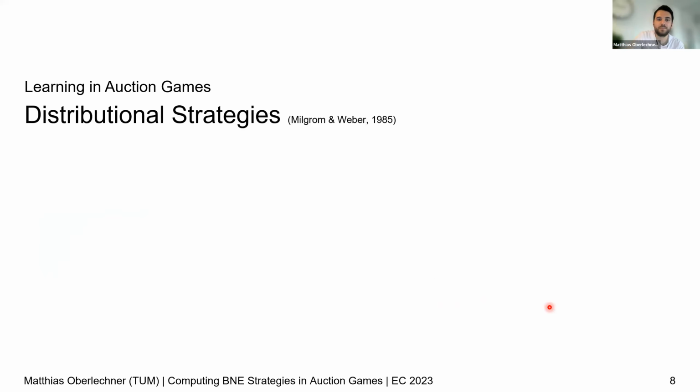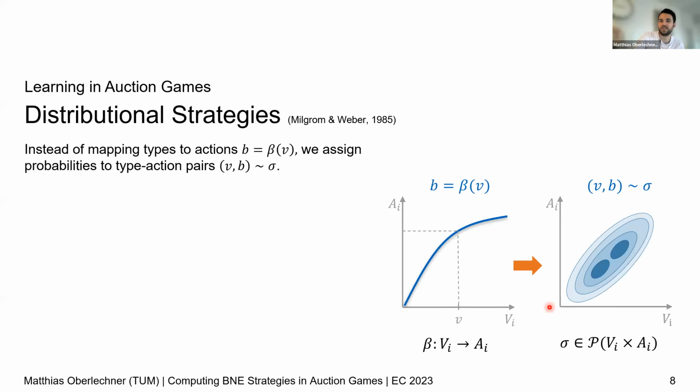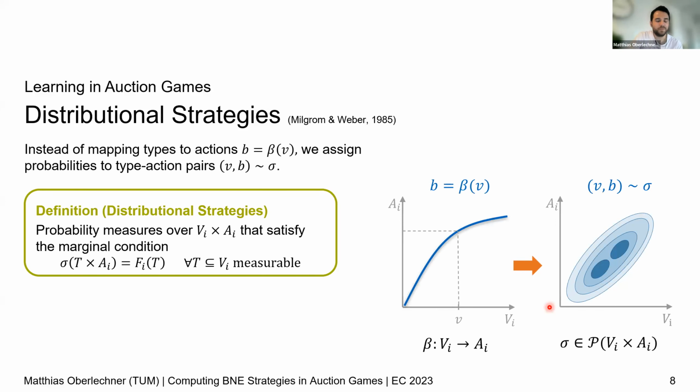So let's start with the distributional strategies. They were introduced by Milgrom and Weber in the 80s, and the main idea is that instead of functions that map valuations to actions, we look at probability measures, which assign probability to valuation-action pairs. And the formal definition is that a distributional strategy is a probability measure over the agent's type and action space.